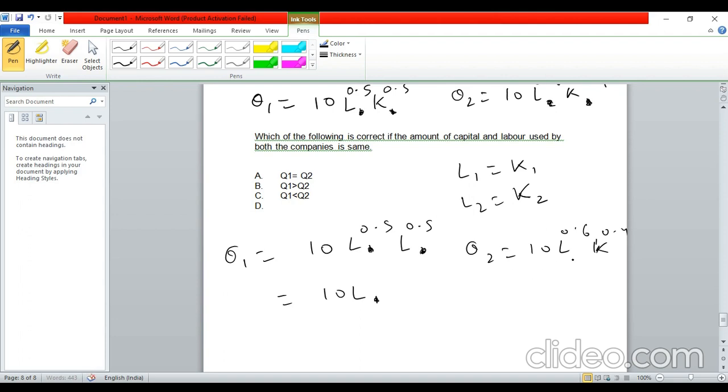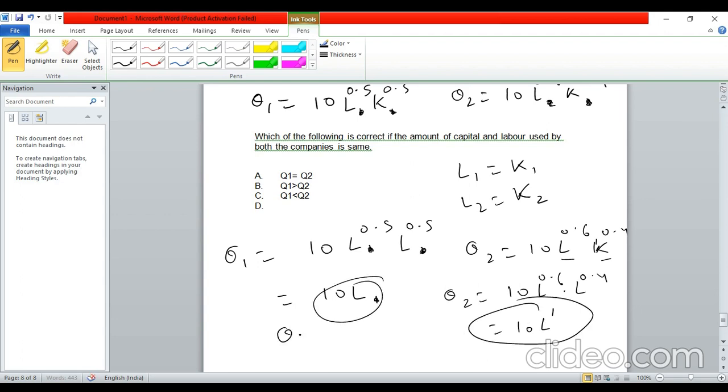Again, if L is equal to K, then Q2 is equal to 10 L to the power 0.6 into L to the power 0.4, so again it will be 10 L to the power 1. In both cases, Q1 was coming as 10L and Q2 was also coming as 10L. Therefore, Q1 must be equal to Q2. So there was this option, Q1 is equal to Q2. Other options were that one is more or one is less. The last option I don't remember, but I think this one should be the correct option.